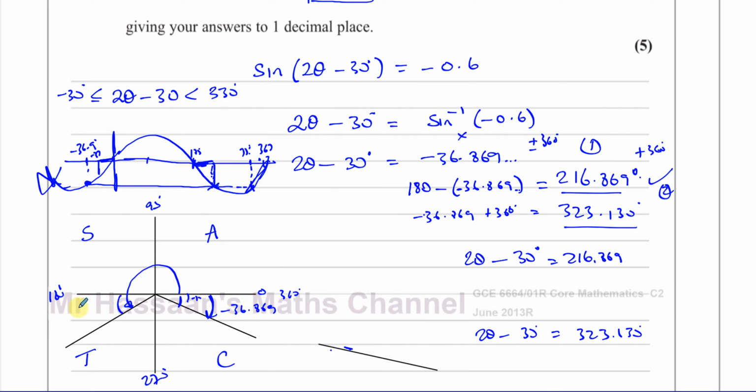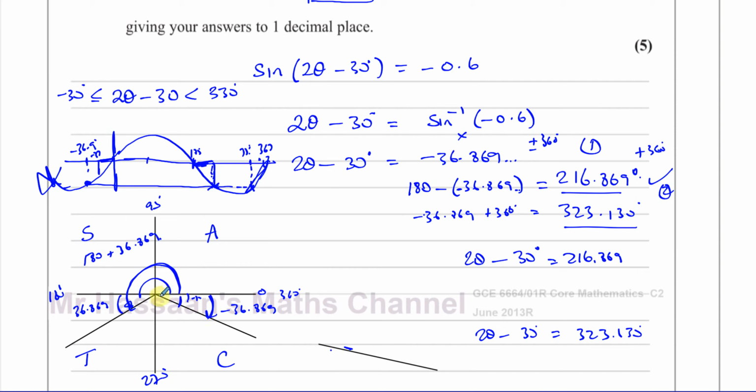So if I want to find what the whole of this angle here is, it's 180 plus 36.869, which is what gave us this value here. It's 180 minus. Okay, so in this case, because it was a negative angle, it ended up being a plus.